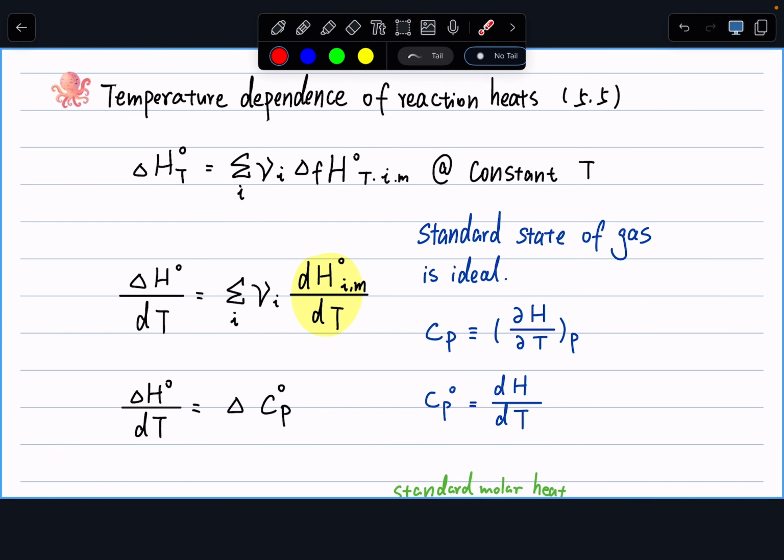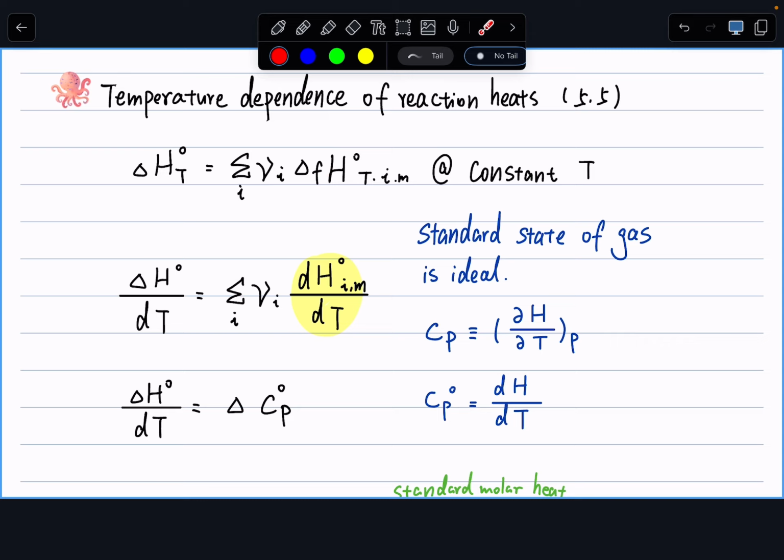This one is straightforward. It is talking about the temperature dependence of reaction heat. So far we went over that the reaction heat equals the sum of your stoichiometric coefficient times the delta H of the heat of formation for all the reactants and products involved in that reaction.